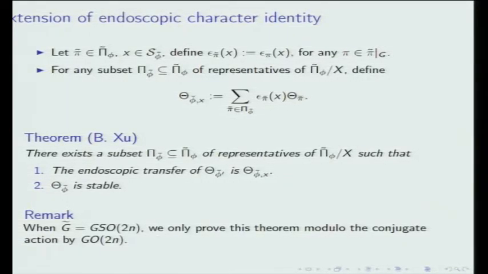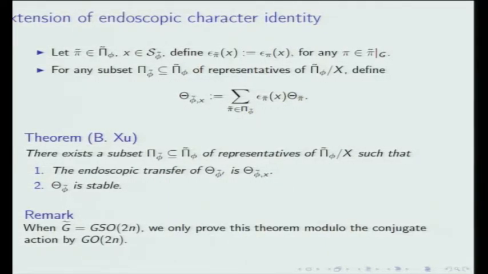And for the second part, because you prove this by induction, in the inductive assumption you have to assume that the sum of the characters in this packet is stable. So you prove both of these.